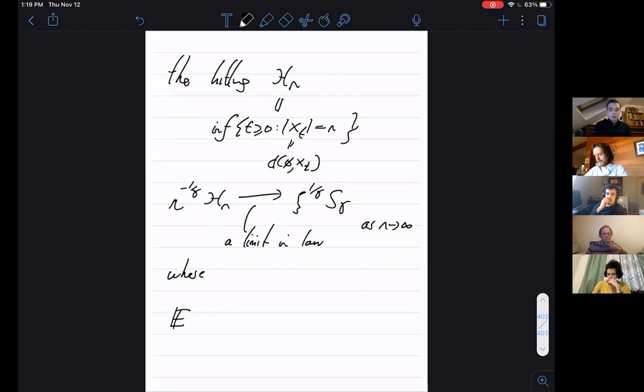So this is a classic object in this sort of random devil staircase world. I think I briefly mentioned it. Alpha could be any parameter, but obviously it's gamma in the actual application, but it's defined by this transform.